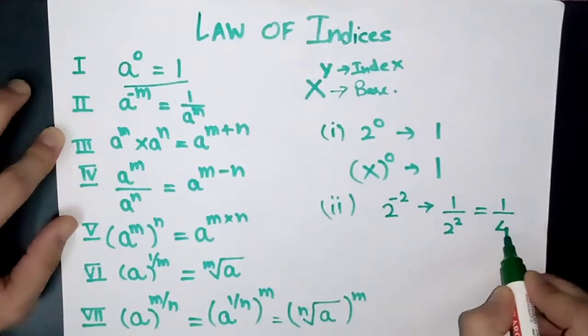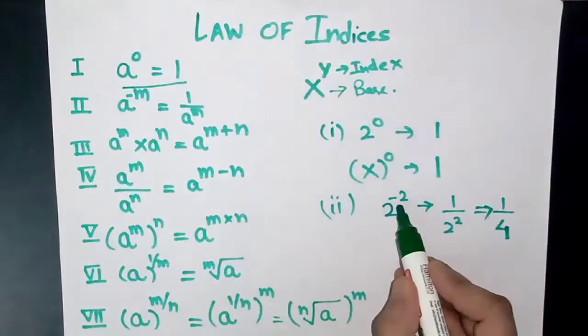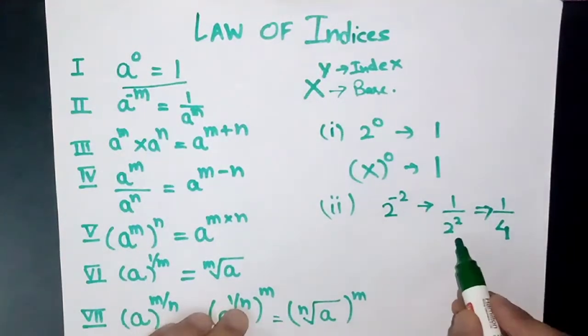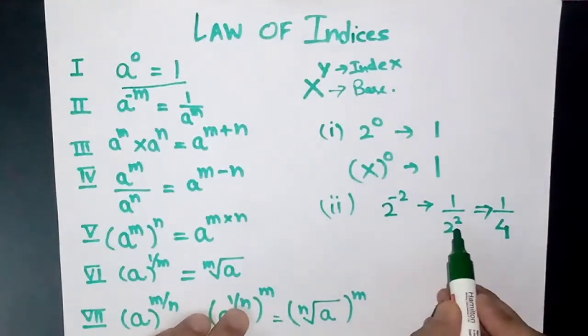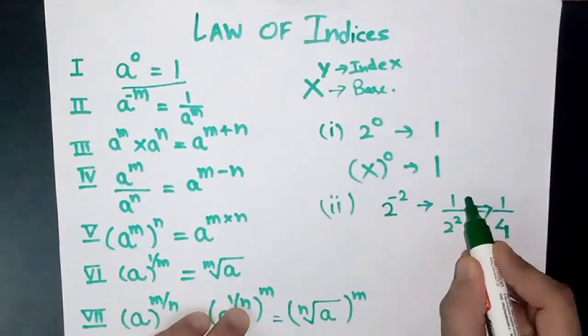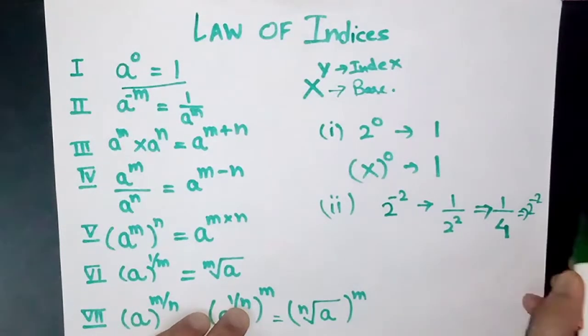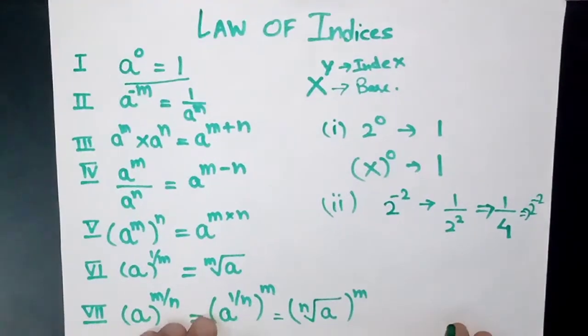The power gets reversed in sign if you write it like this. If you take it upside again, it will become 2 to the power minus 2 again. Let's move to the next.